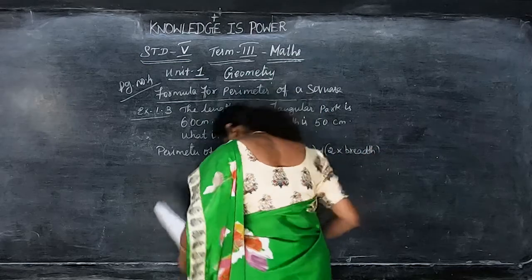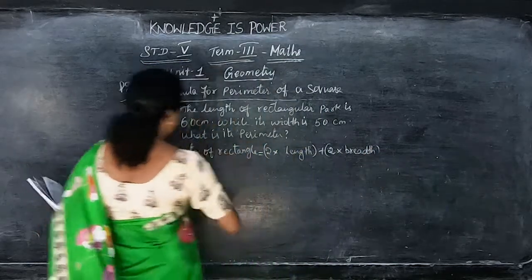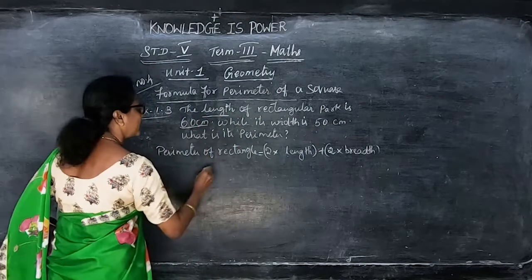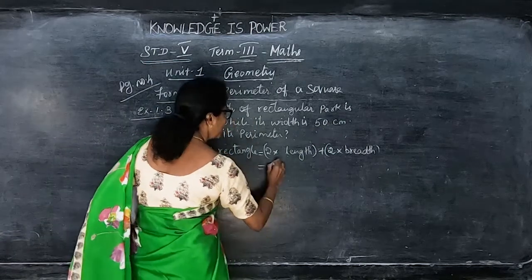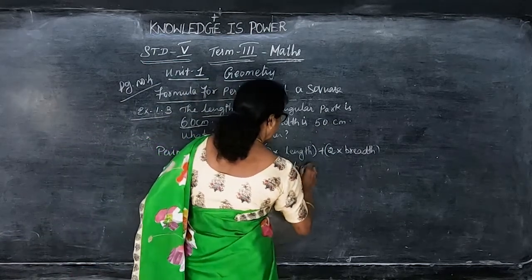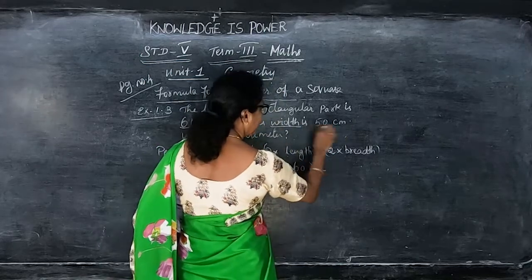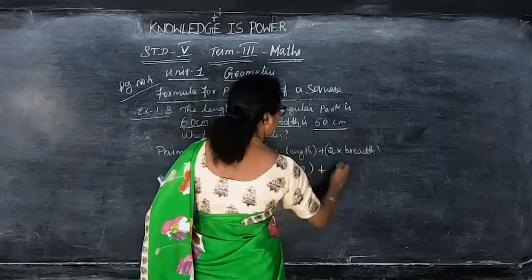How much is the length? The length of a rectangular park is 60 centimeter. So that is equal to 2 into 60 plus the width, which is 50 centimeter.